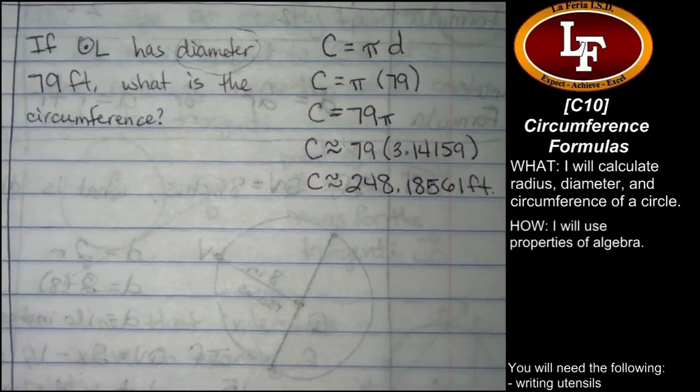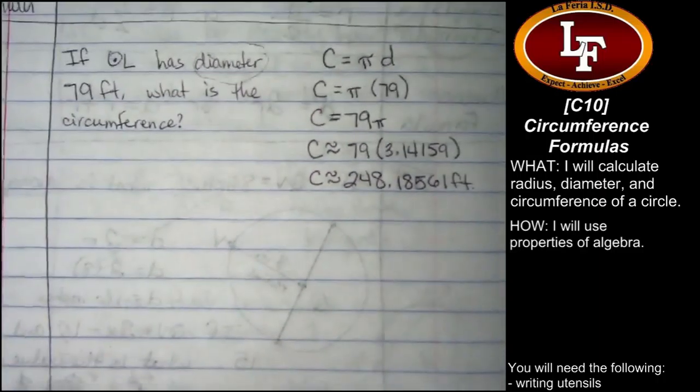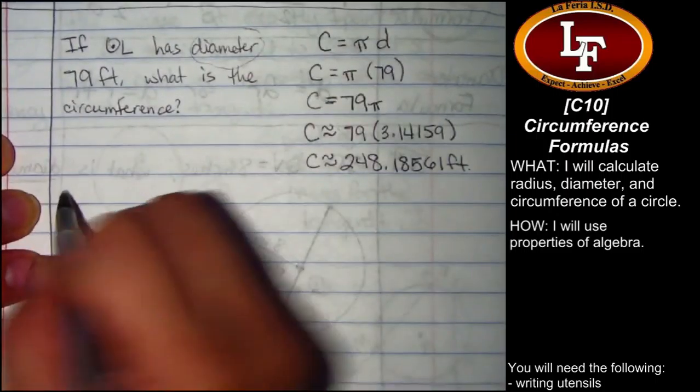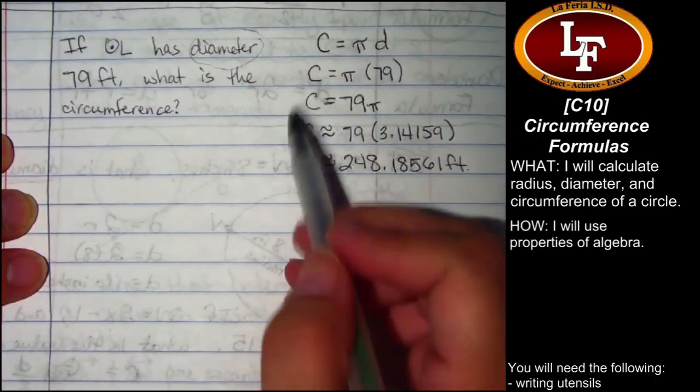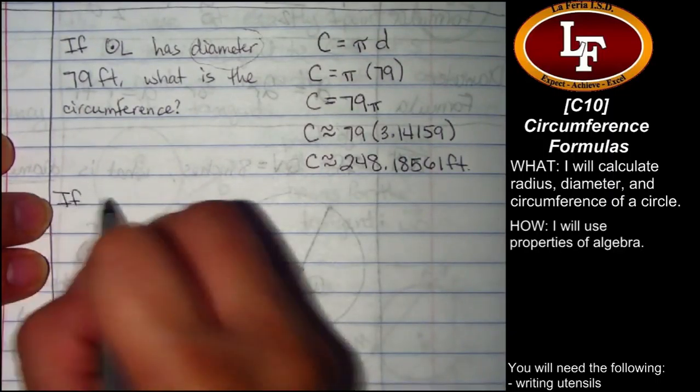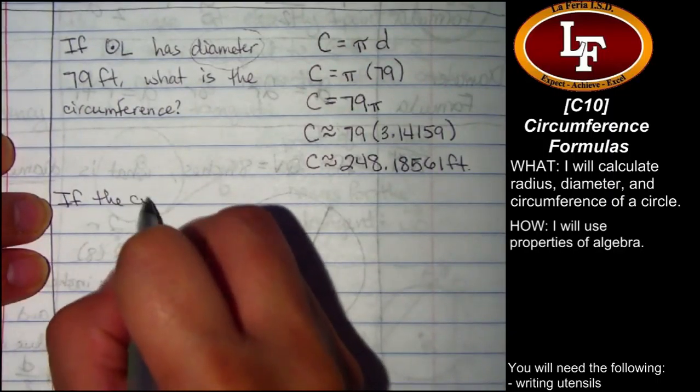The only way we could make this more complicated is if we throw some algebra in there, so we're going to go ahead and do that now. But this time we're going to go backwards. We're going to use this to calculate a radius. So suppose we had some circle and we knew the circumference of the circle.